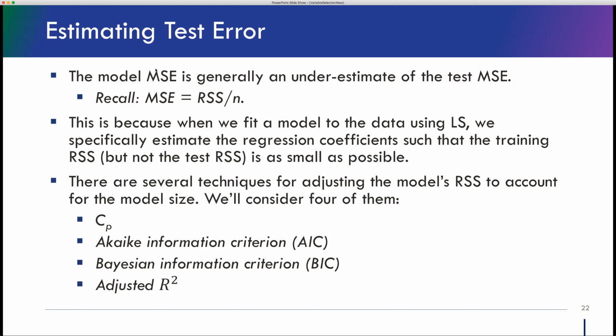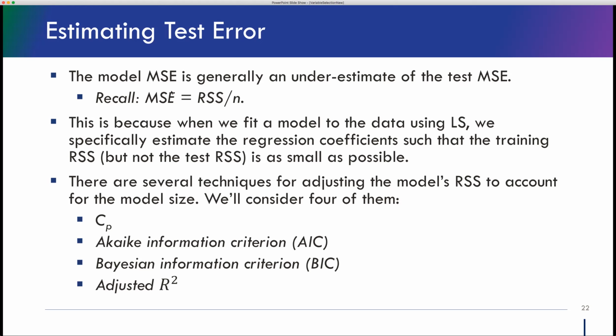When you compute it on the training data set, it will underestimate the testing data set mean square error. And we know that mean square error is just the residual sum of squares divided by the sample size n. So this is sort of related.